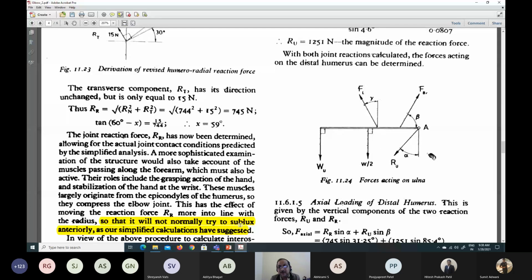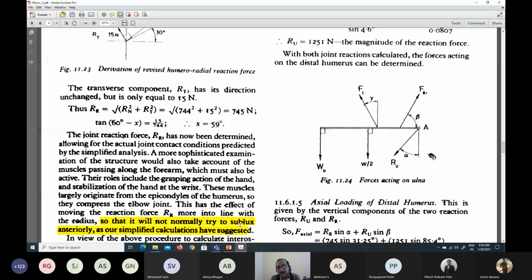Okay, so by somehow the musculoskeletal system is designed in such a way that it will try to restore equilibrium of the structure and thereby ensure contact of the humeral head with the capitulum.